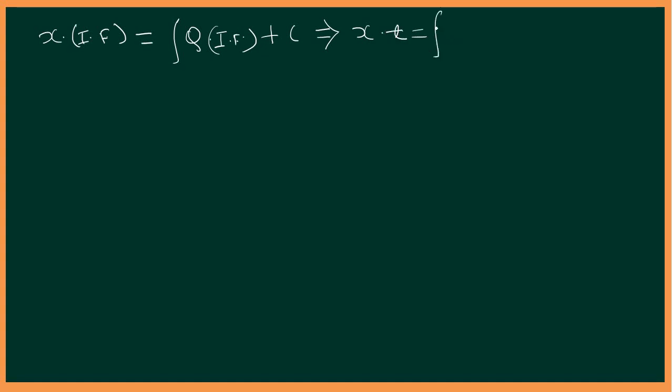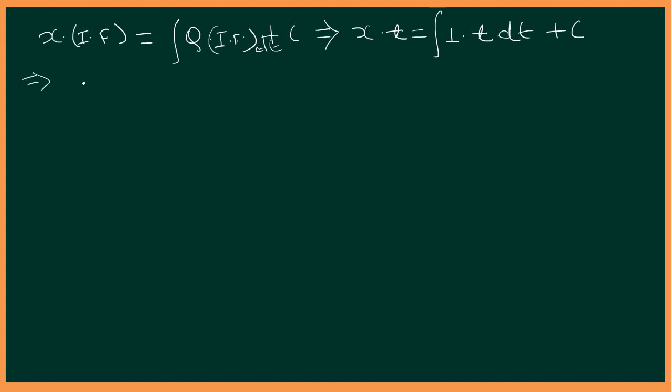Now apply the solution here. Here the dependent variable is x, so you will get x into the integrating factor is equal to the integration of q into the integrating factor plus one constant c. So x into t is equal to integration of 1 into t dt plus c.